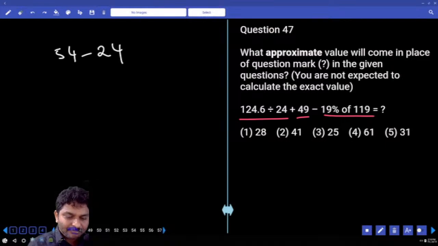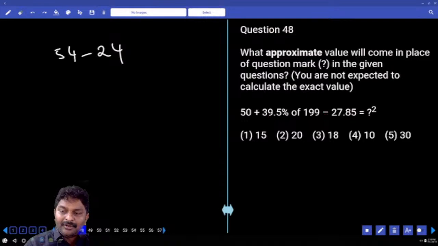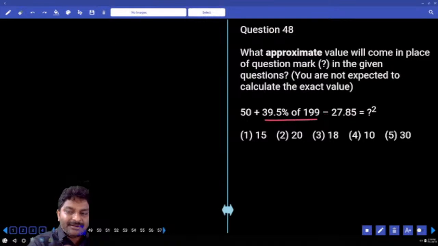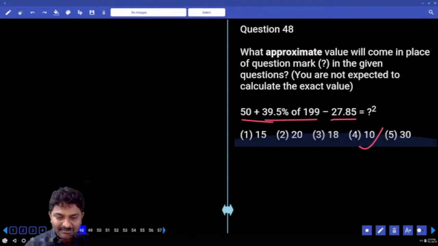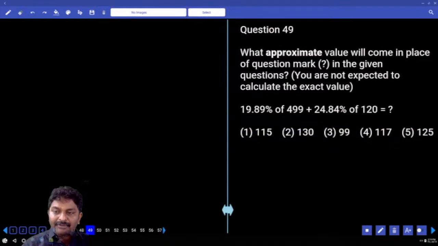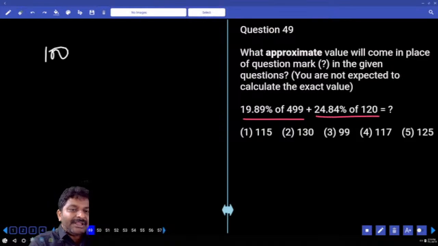Approximate. 40% of 200. 80. 50 plus 80. 130 minus 30. Which square is 100? 20% of 500. 100. 25% of 120. Answer.